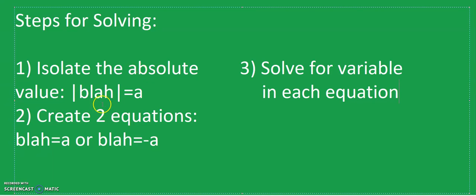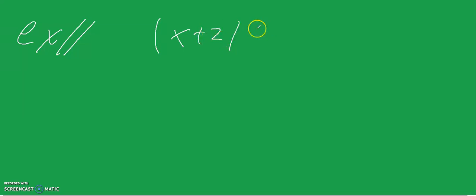Okay, so let's look at some examples now. Let's start with an easy example. Let's look at the absolute value of x plus 2 equals 3. In this example, step 1 is already done. The absolute value is already isolated. On one side of the equation, I just have the absolute value of something, and on the other side, I just have a number.